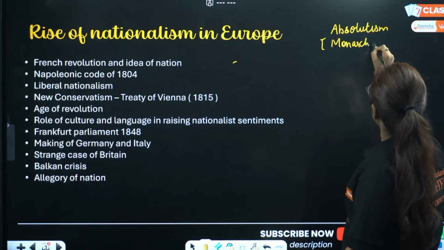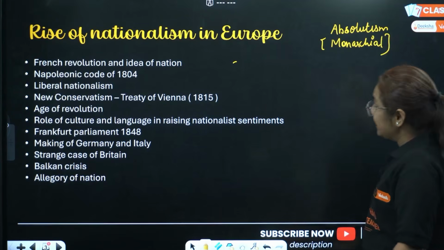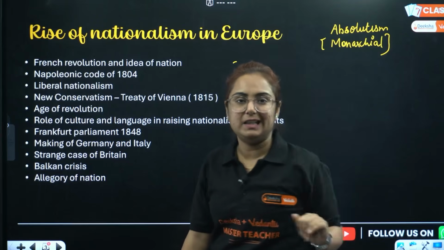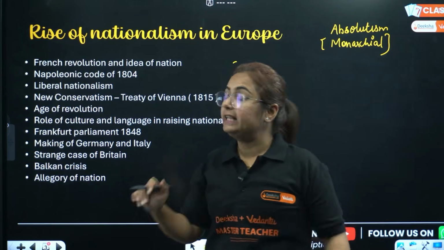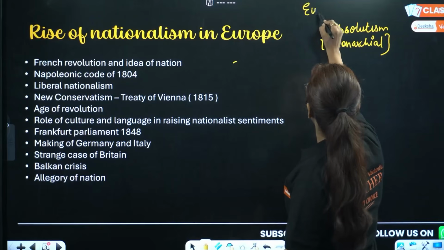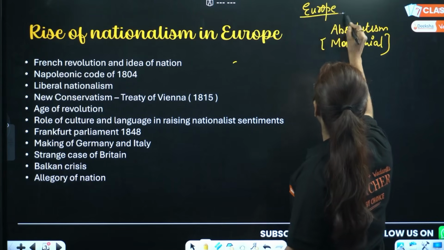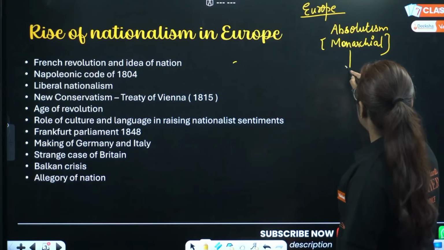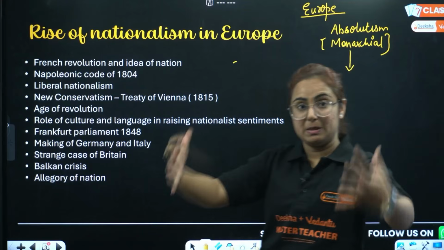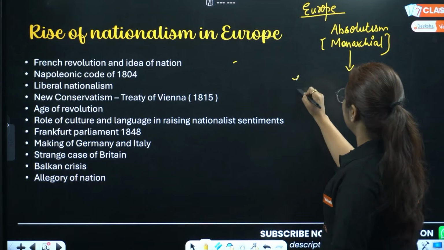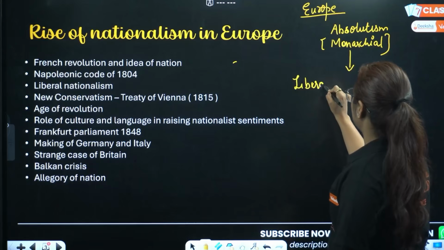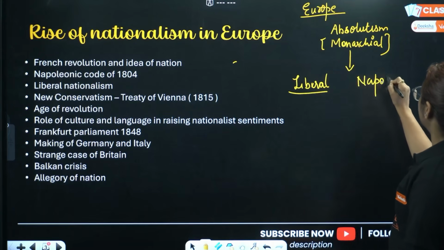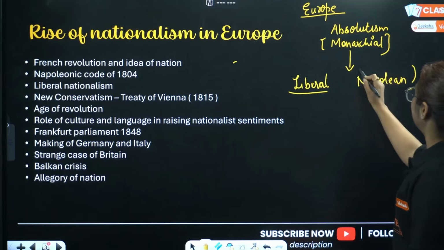In class 9th you studied about Louis XVI in France. Here I am talking about Europe altogether. So absolutism was there. Then pressure was created, people were demanding, and liberal ideology came into the picture. In this liberal ideology, Napoleon is also a part of that picture.